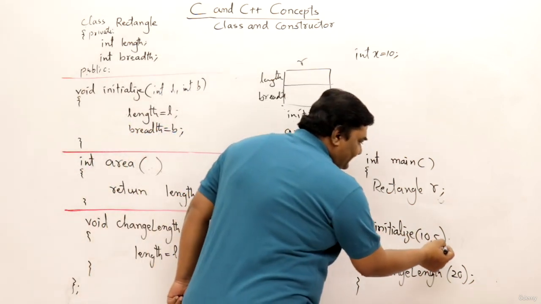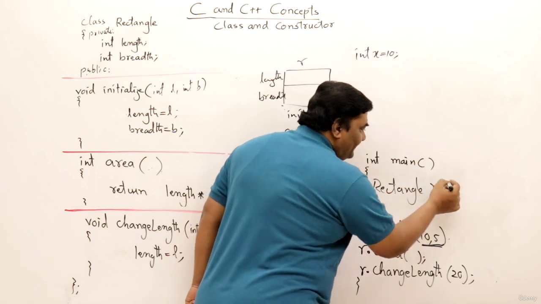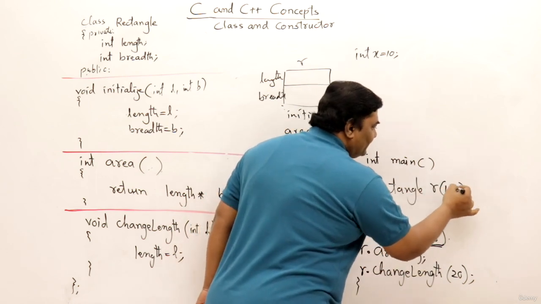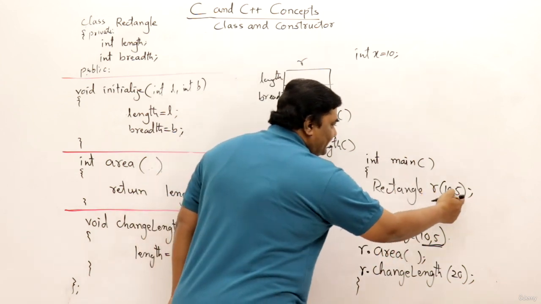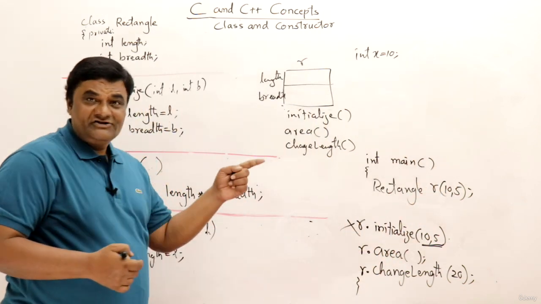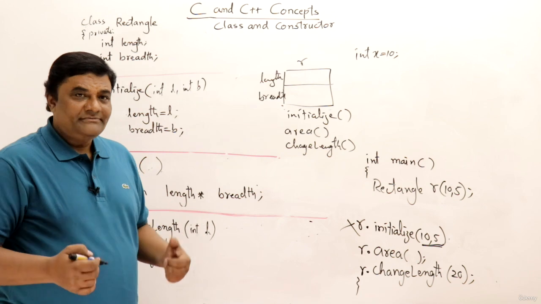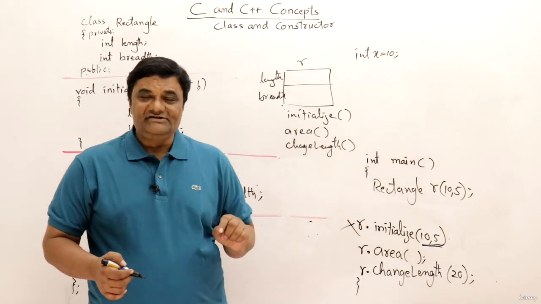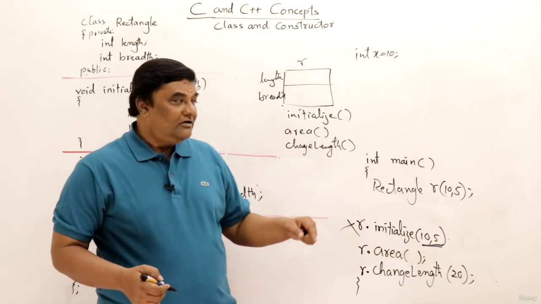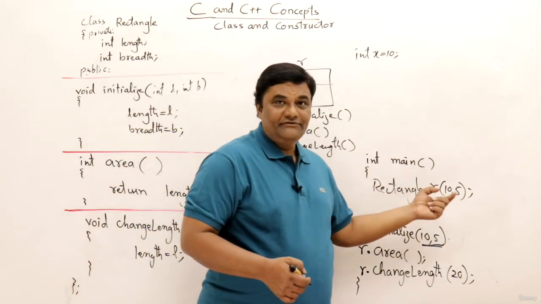So instead of passing 10 comma 5 later on, we want to pass 10 comma 5 here only. We don't want this function. We want direct initialization at the time of declaration only. How is it possible? For that, I should have a function for initialization. But we want it to be called automatically at the time of creation of an object.